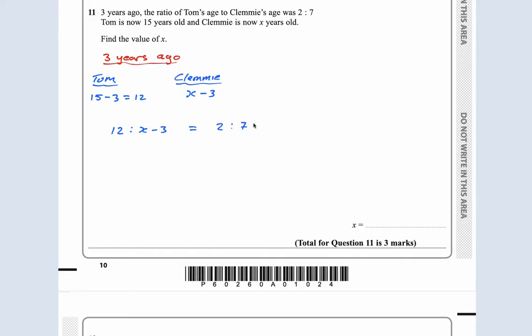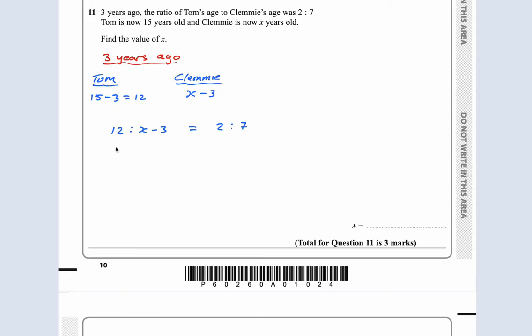to 7. Okay, so you could, guys, figure it out by saying 2 times 6 gives me 12. So 7 times 6 gives me this. Hence, the answer would be, well, 45.